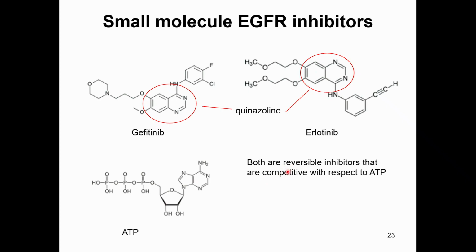They're reversible inhibitors, and they're competitive with respect to ATP. You'll recall that these growth factor receptors can do autophosphorylation. Well, they need ATP because that's the source of phosphates, right, to do autophosphorylation. These drugs inhibit autophosphorylation in the cytoplasmic autophosphorylation regions of growth factor receptors, in this case, EGFR.